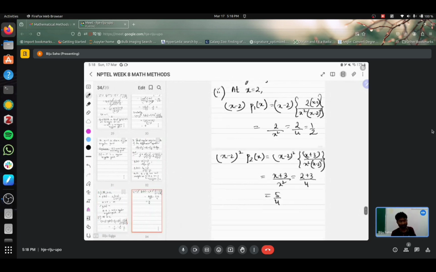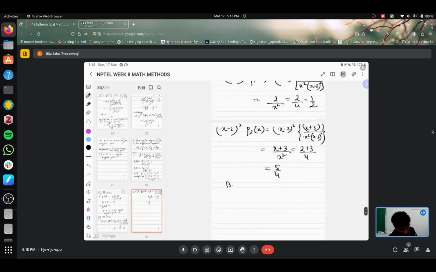Even that is finite. Since both are analytic, we can conclude that x equal to 2 is a regular singular point.